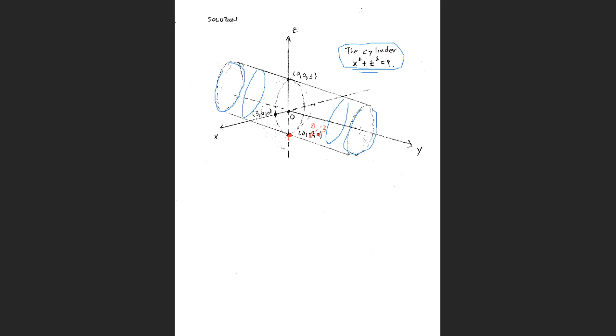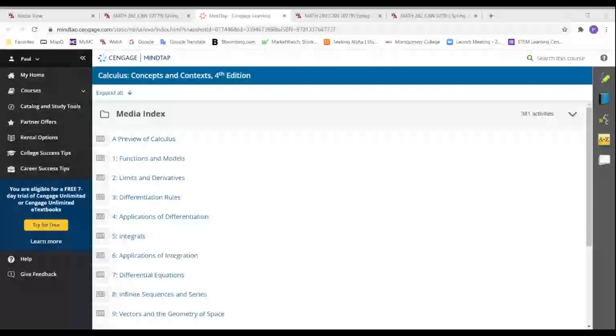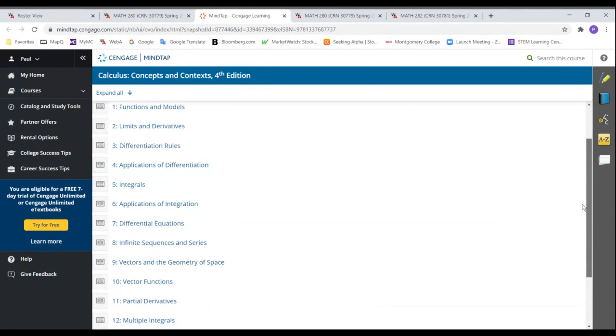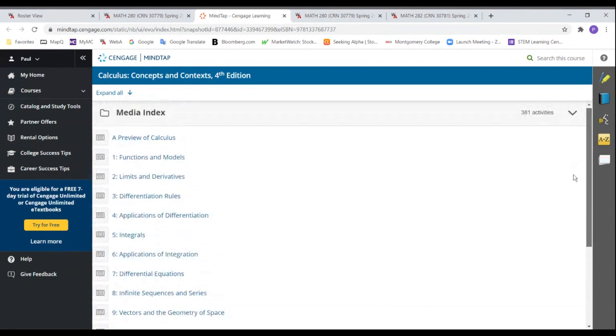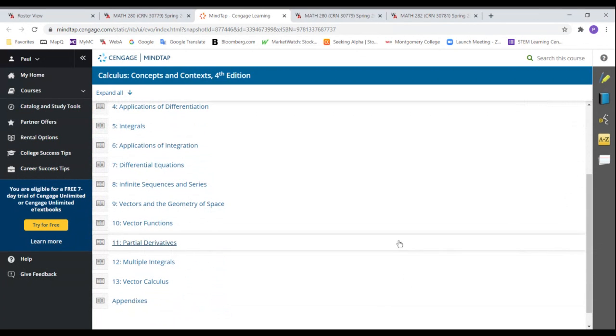Okay, so that being said, let's proceed and go into the ebook. We are going to go to chapter 9. The ebook has Calc 1, Calc 2, and Calculus 3.